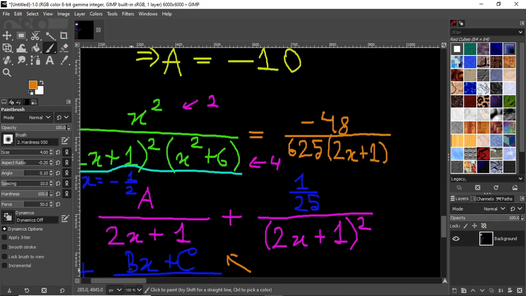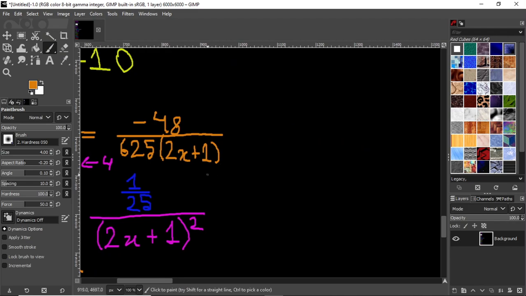Then we have 1 over 25 times 2x plus 1 squared.